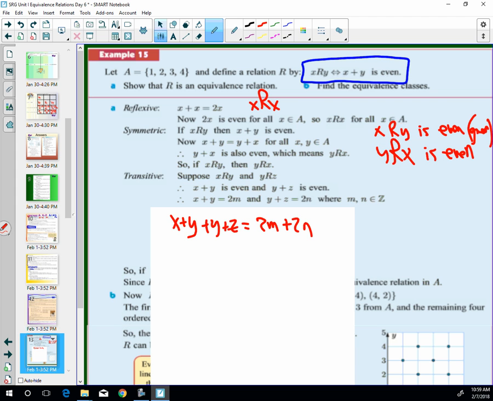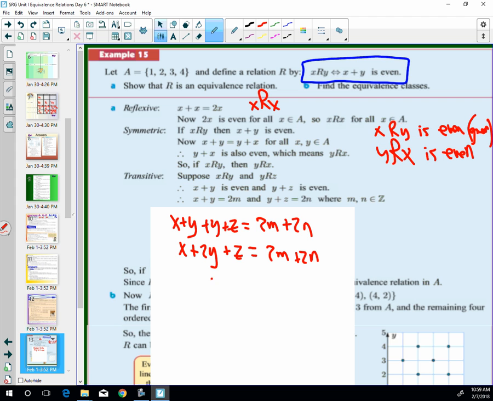I essentially just added those together, those columns. And so now I get X plus 2Y plus Z is equal to 2m plus 2n. Okay, then what do you notice?